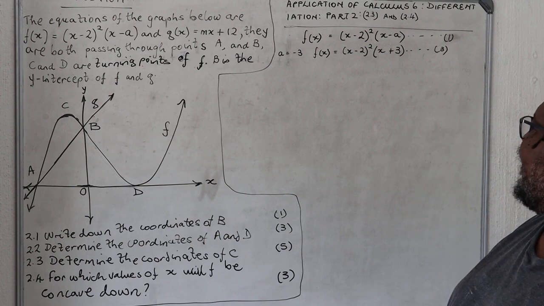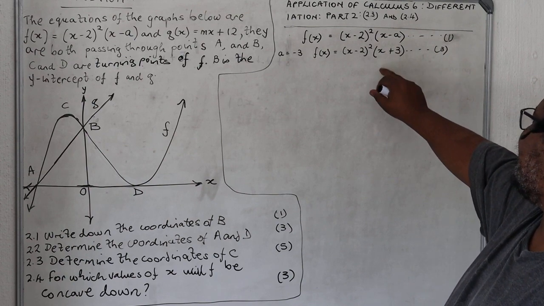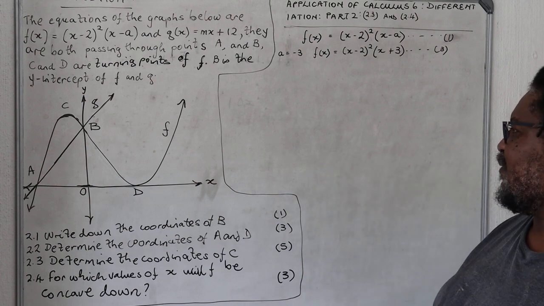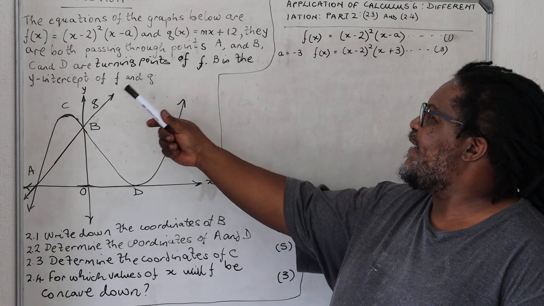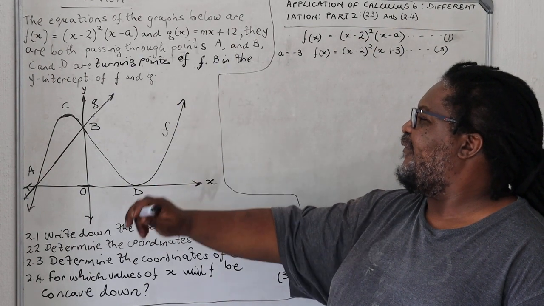Starting with 2.3, knowing that f(x) is equal to (x minus 2) squared multiplied by (x plus 3), we need to find the coordinates of C, and we were told that C is a turning point of f.